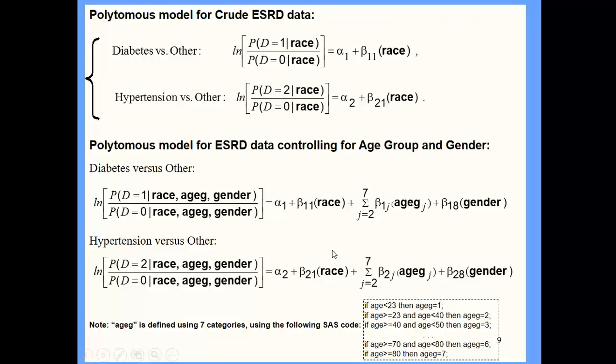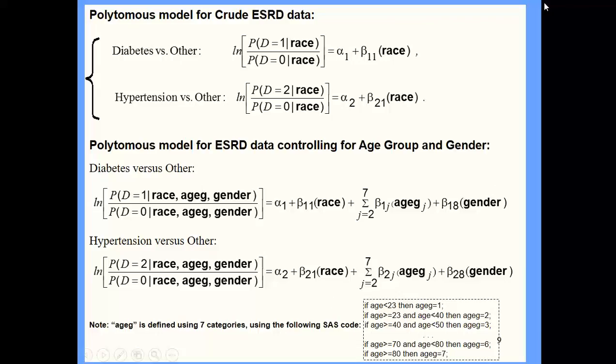So these variables in the model are dummy variables for how many groups? 2, 3, 4, 5, 6, 7, so there are 6 variables. 7 groups, 6 dummy variables. There are 7 age groups, and then there's gender. So this would be the model if you wanted to consider age as a group as opposed to a continuous variable.